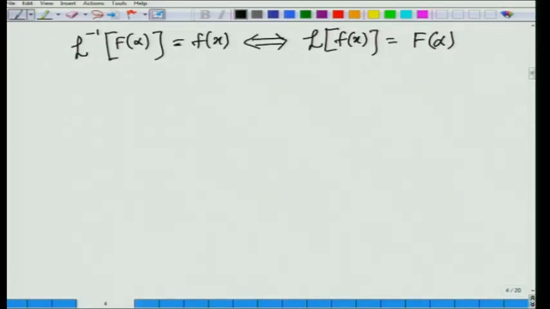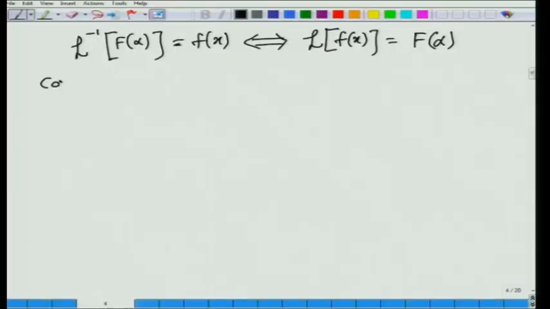Now, we are going to use this Laplace transform in order to solve Volterra integral equations of some special type, and before that I would like to recall another idea, that is convolution of two functions.